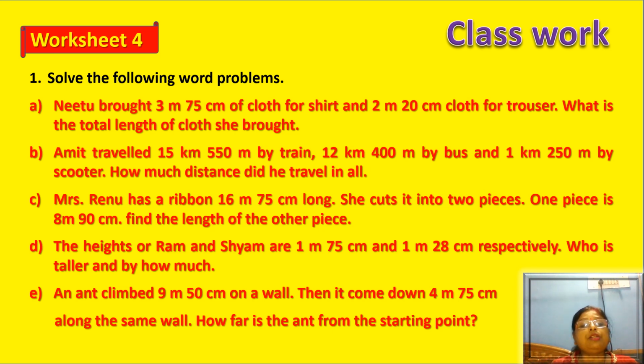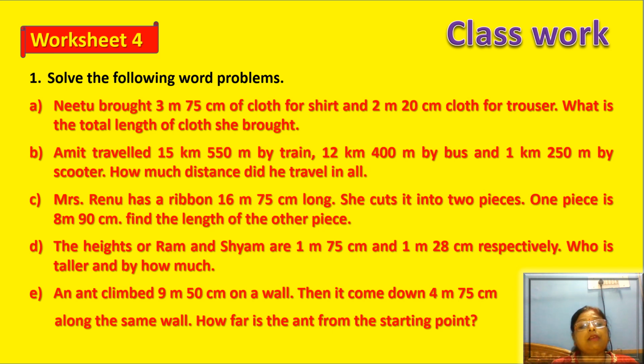So your first question is: Neetu bought 3 meter 75 centimeter of cloth for a shirt and 2 meter 20 centimeter of cloth for trousers. What is the total length of cloth she bought? It means you have to find the total length of the cloth, so you have to add, and then you will get the answer.